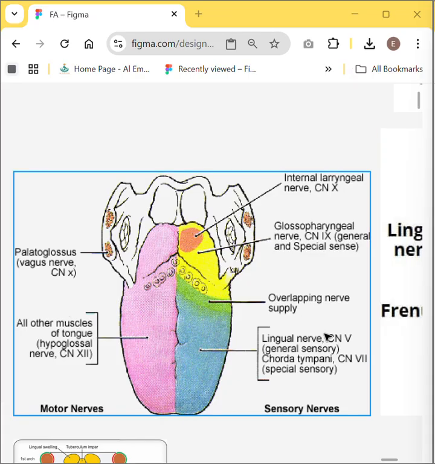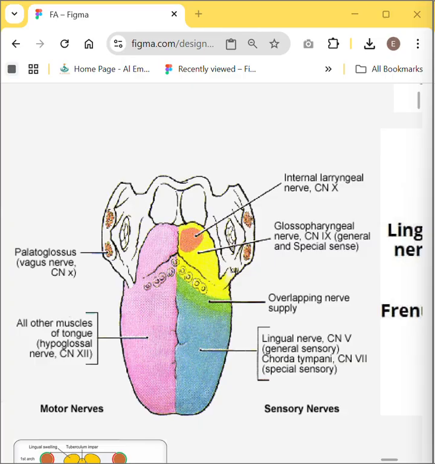The lingual nerve is a branch of the trigeminal nerve, cranial nerve V. It provides general sensation like touch, pain, and temperature to the anterior 2/3 of the tongue, also to the floor of the mouth and the lingual gums, also serving as a conduit for taste from the facial nerve, cranial nerve VII, and some autonomic fibers for salivary glands. What is important for now is that the lingual nerve is a branch of the trigeminal nerve and provides general sensation like touch, pain, and temperature to the anterior 2/3 of the tongue.